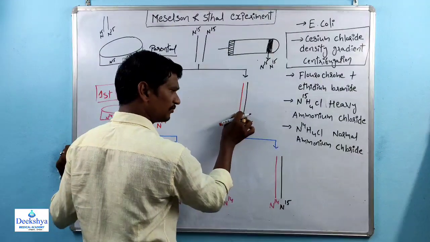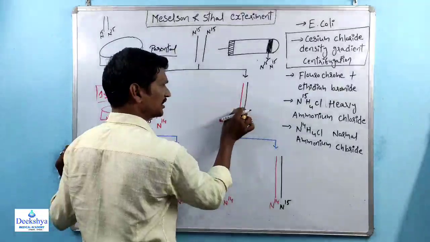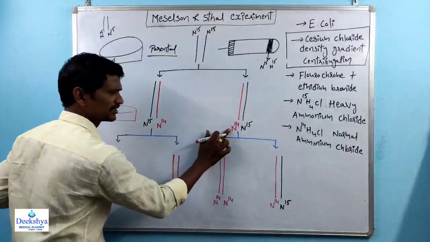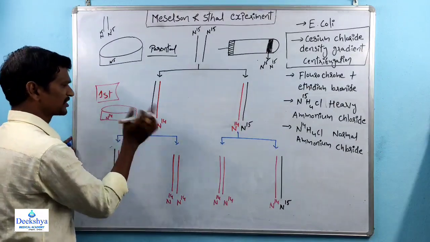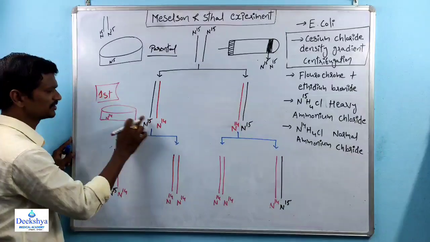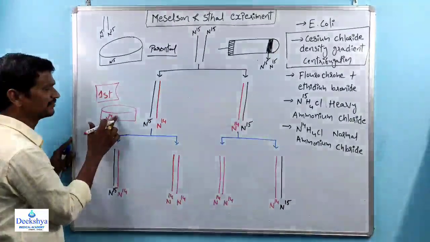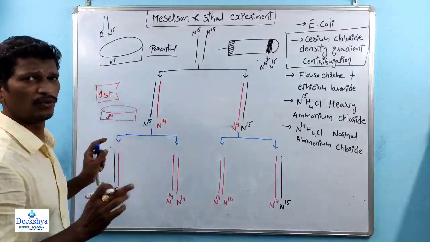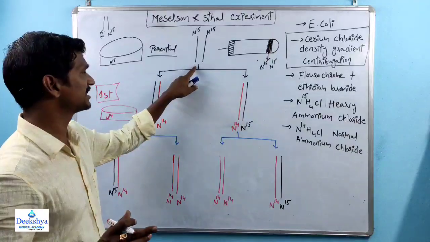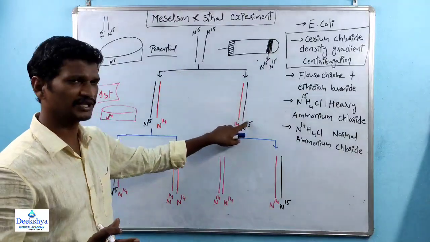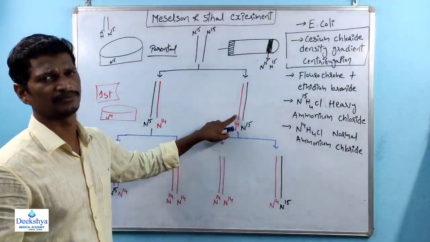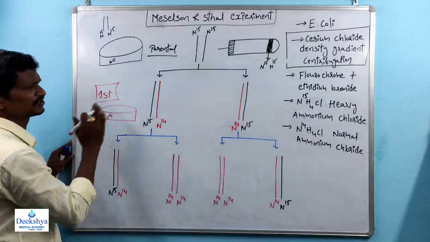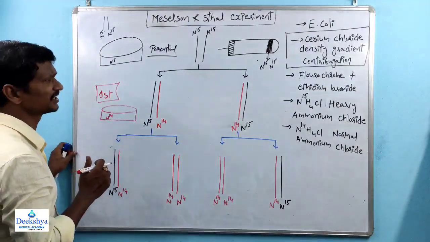Here the source is N14, because the new cells are cultivated in N14 media. So the parental strands are N15 and the newly synthesized strands are N14. That is about the first generation cells.